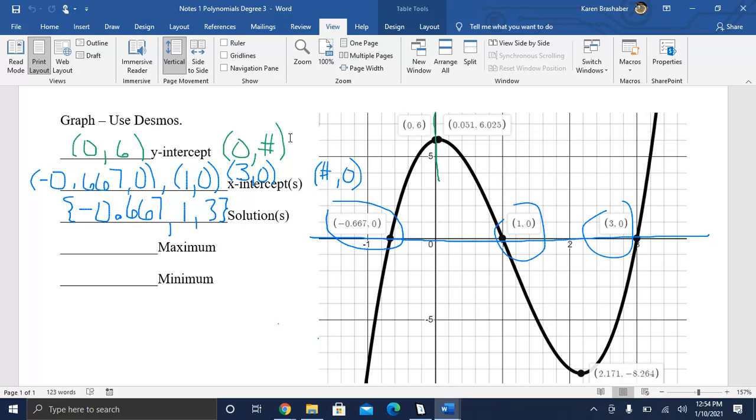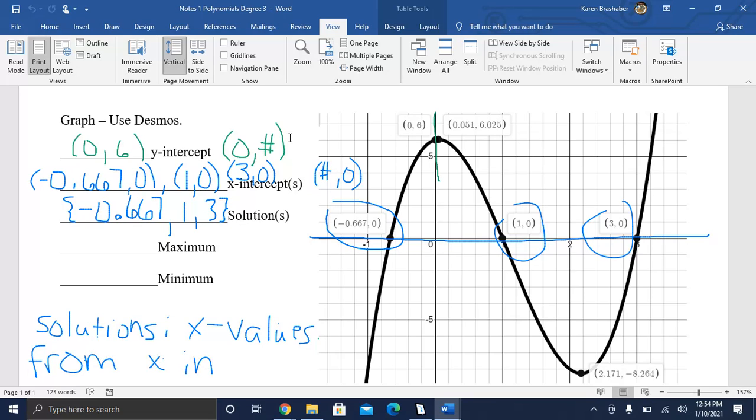So the solutions are the x values from the x-intercepts. And again, in a degree 3, the most that you could have would be 3 of them.